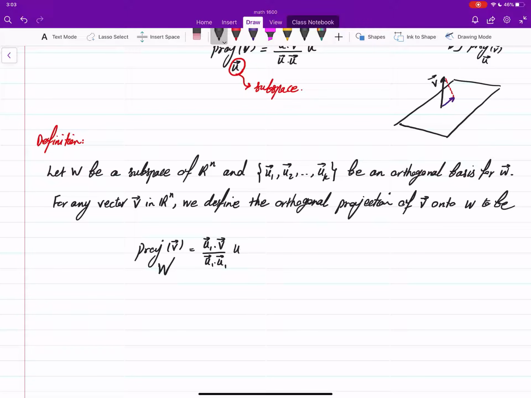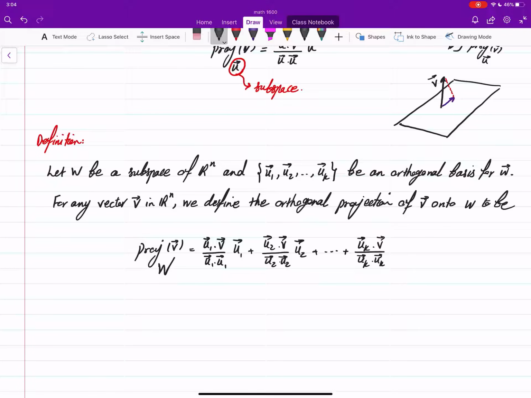Then this is a scalar, multiplied by U1. Then U2 dot v over U2 dot U2, this is scalar multiplied by U2, and this goes up to UK dot v over UK dot UK.